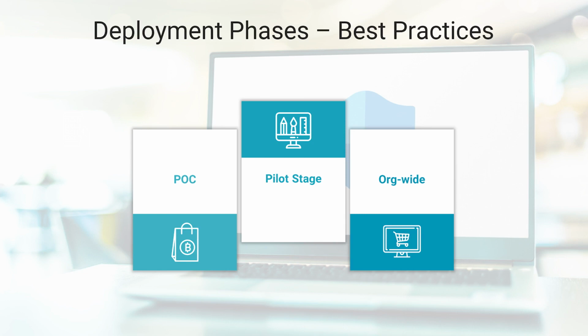Since the proof of concept's primary purpose was to evaluate the product and prove that its features indeed are what your organization needs and that it works in your organization as expected, we could use a script to onboard a small number of devices in the proof of concept stage. But now in the pilot stage, you have to focus on trying out chosen methods to onboard devices, or to say, to deploy Microsoft Defender for Endpoint to devices. You will try, for example, Group Policy or Endpoint Configuration Manager or Intune.